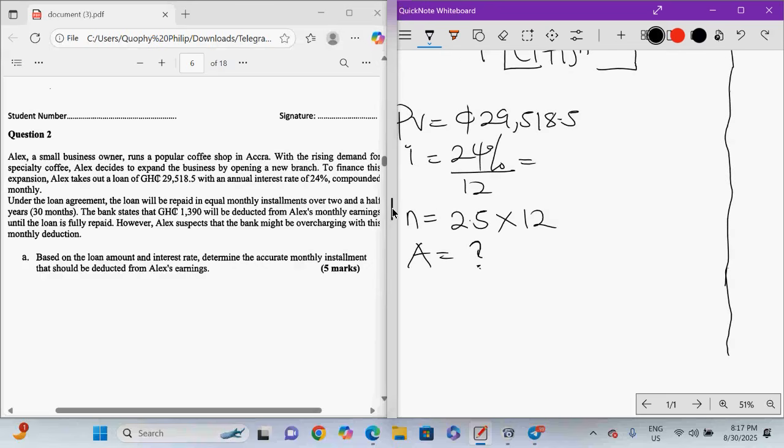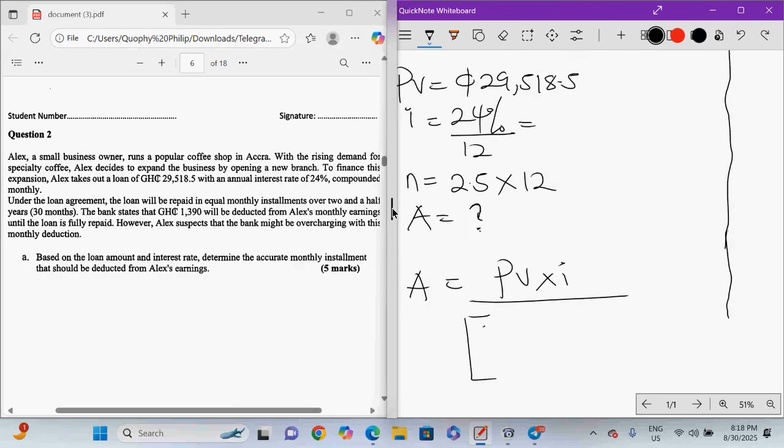So we'll be having something like this: our A is equal to PV times I all over the bracket of 1 plus I to the n minus 1 all over 1 plus I to the n, right? Okay.